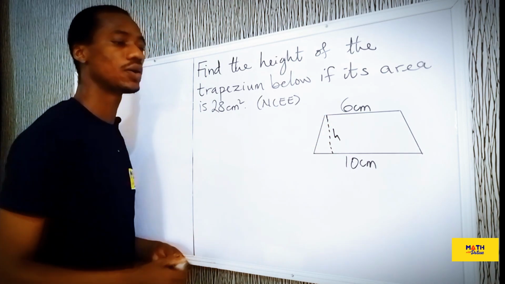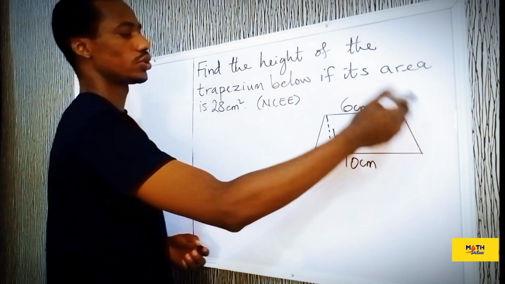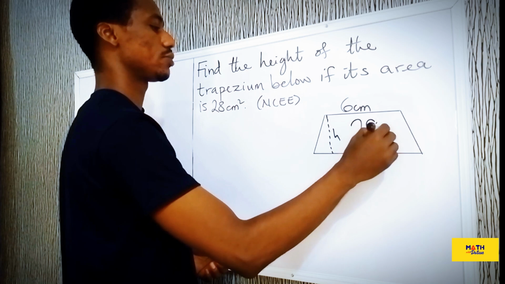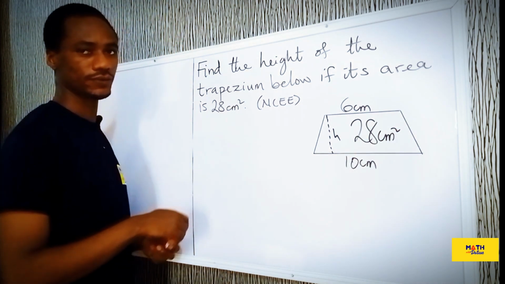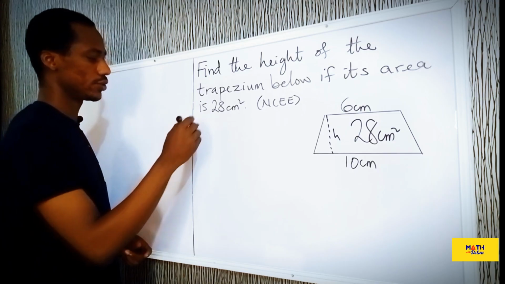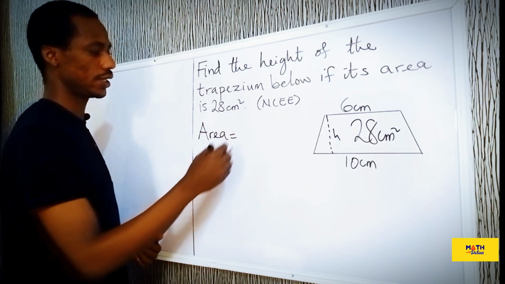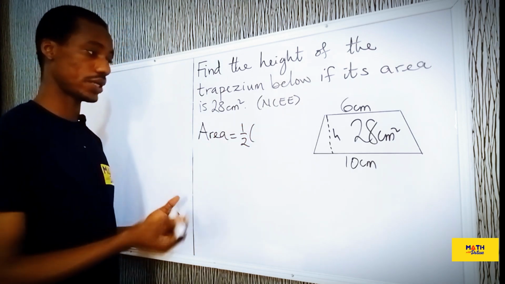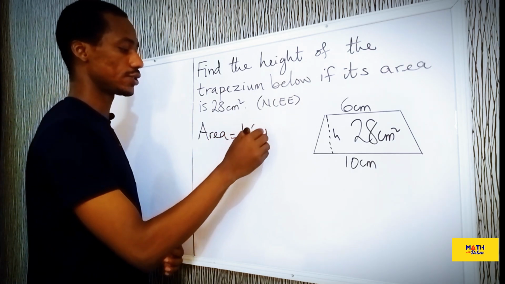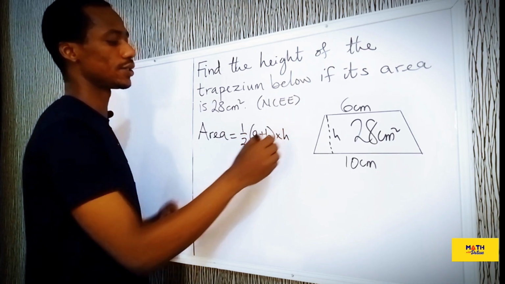So we want to know how high the trapezium is, but we know the total area to be 28 centimeters squared. Alright, so let's go back to the formula for calculating the area. Remember that the area of a trapezium is half the sum of the parallel sides, say a and b, the sum a plus b, times height.